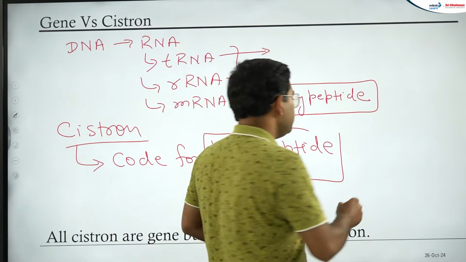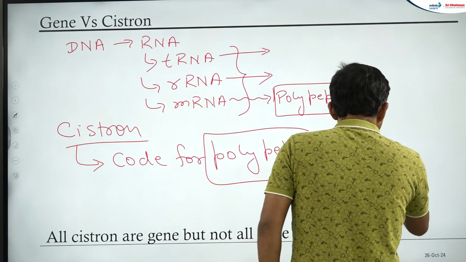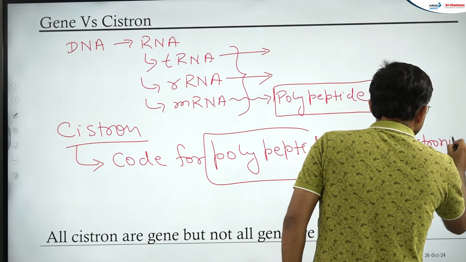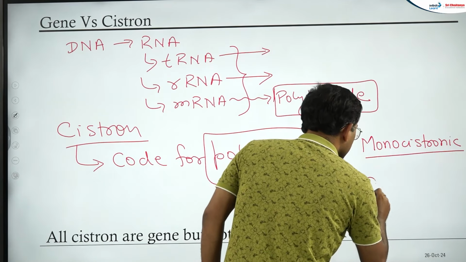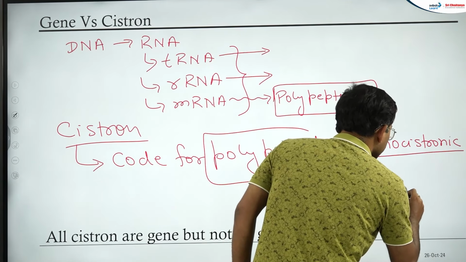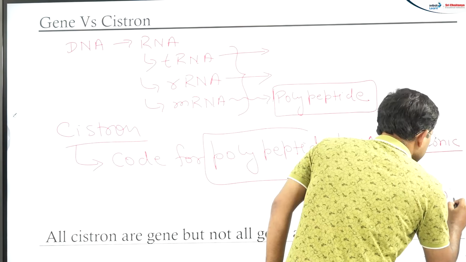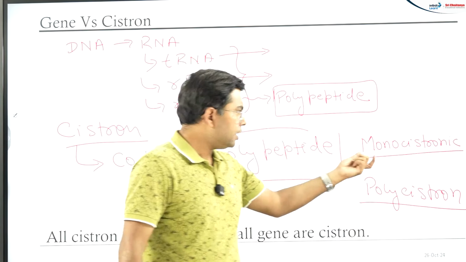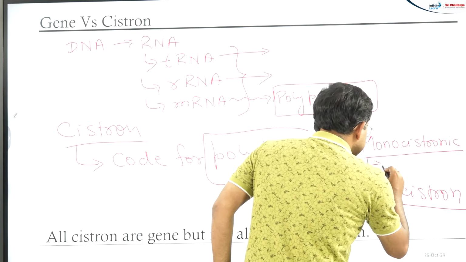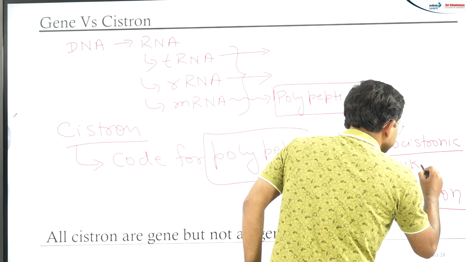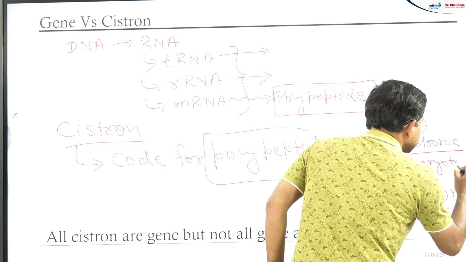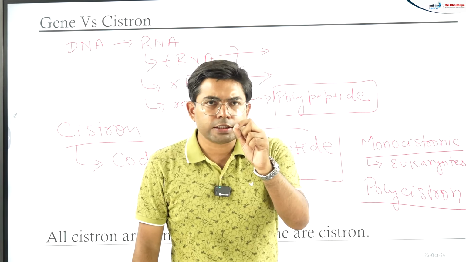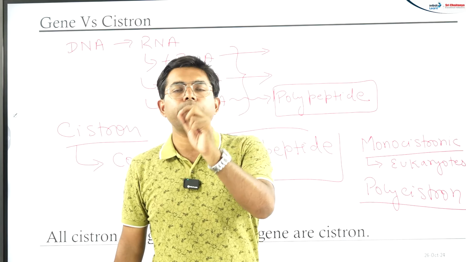Now, since we have talked about the cistron, there are two terms used. One term is called monocistron or monocistronic, and another is called polycistron. See, monocistron will be present in eukaryotes, and in monocistron the coding region will get interrupted.